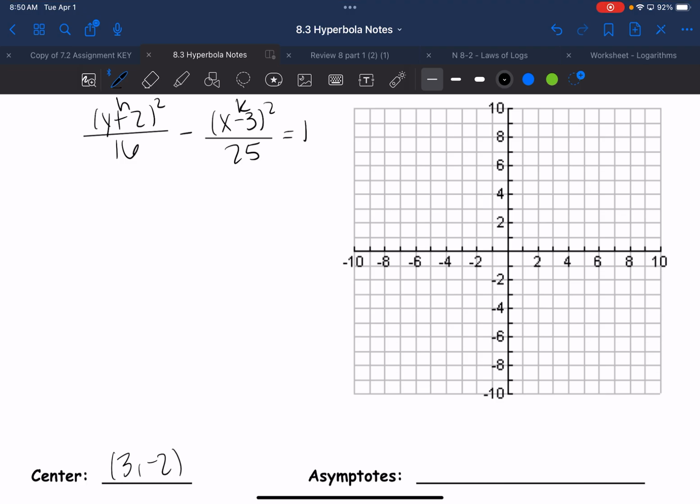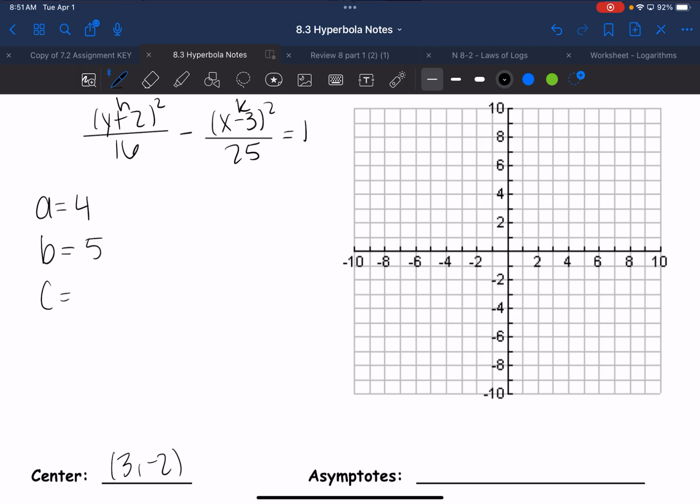Okay. All right, now I just need to know my a, b, and c. Okay, well, a is always the first fraction, right? So if a squared is 16, then a must be 4, right? And if b squared is 25, b is 5, good. And then c would be 16 plus 25, which is, right.